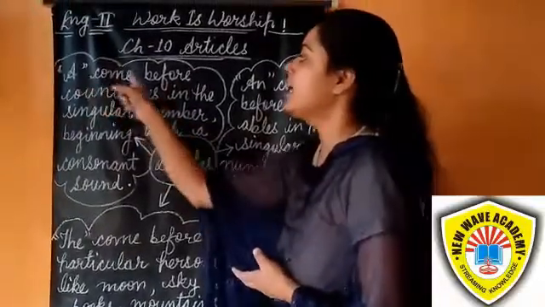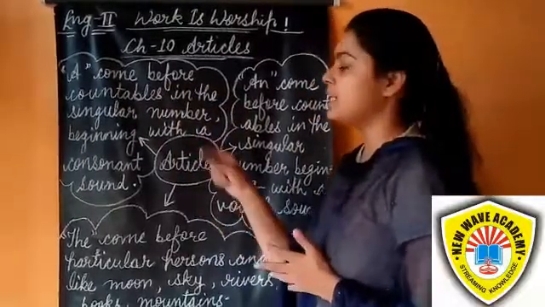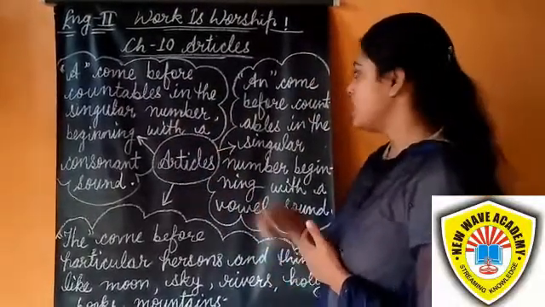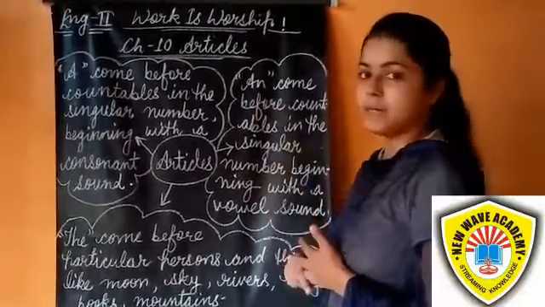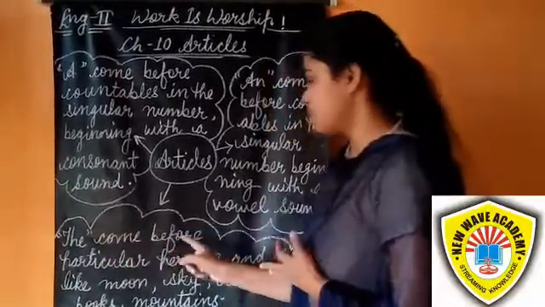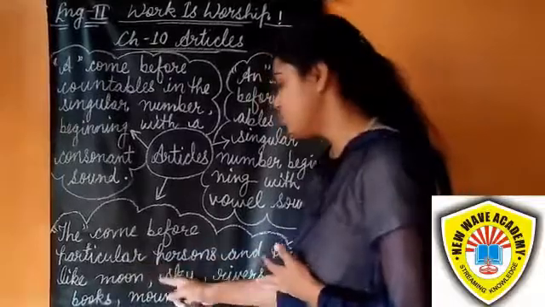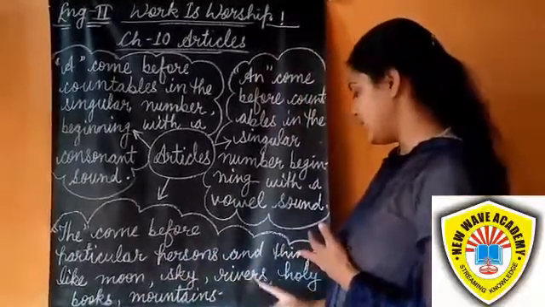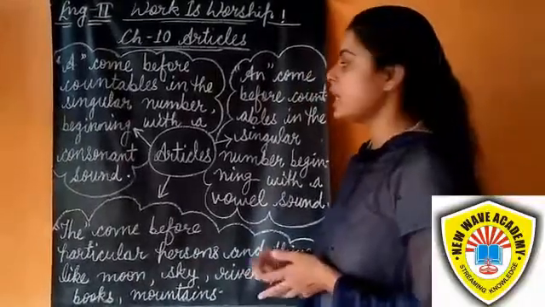A comes before a countable noun in the singular number beginning with a consonant sound, and an comes before a countable noun in the singular number beginning with a vowel sound. The comes before particular persons and things like the moon, the sky, rivers, holy books, trains, mountains, and so on.